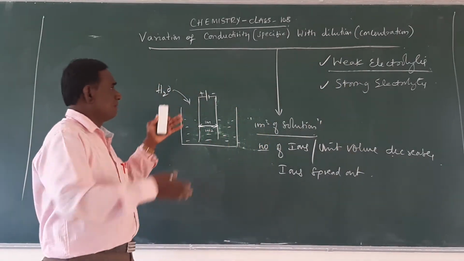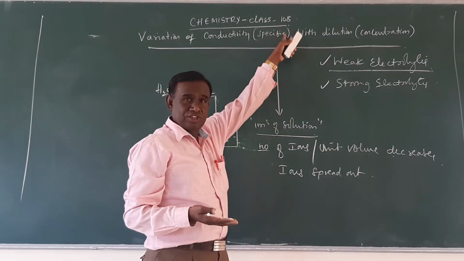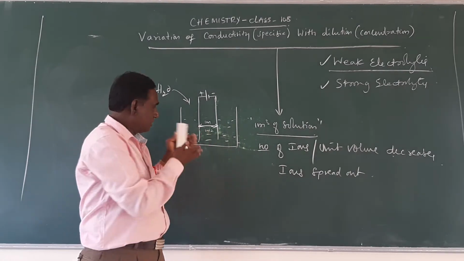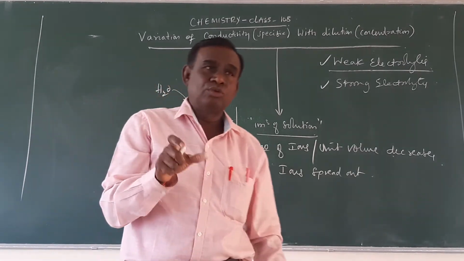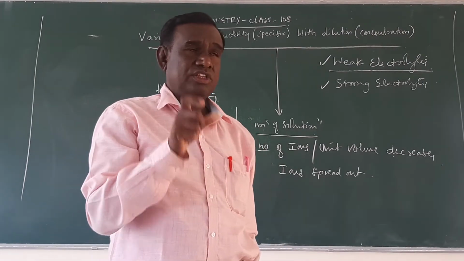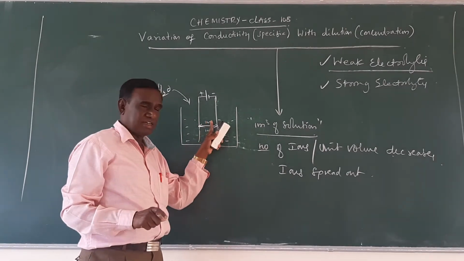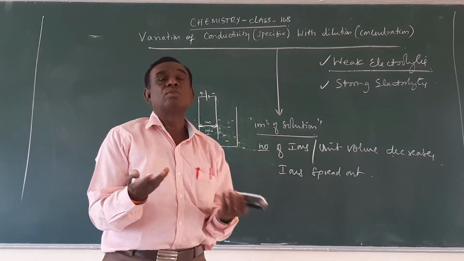Therefore the specific conductivity decreases, because it is the conductivity due to 1 meter cube of the solution, that is, due to the ions present in between two electrodes separated by a distance of 1 meter and area of cross section 1 meter square.